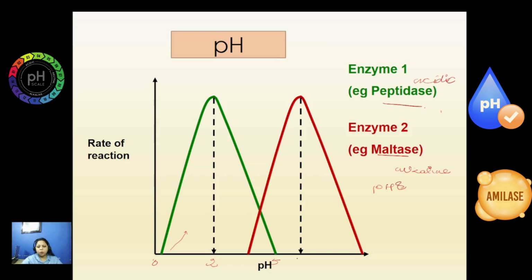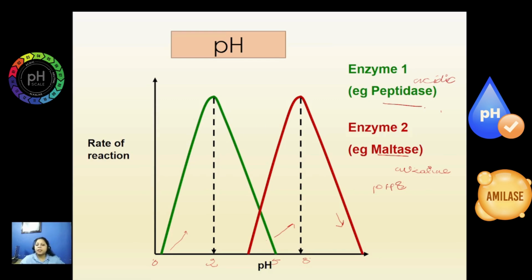If we talk about maltase, which needs to be active at 8, the activity increases when the pH increases, and it is optimum at pH 8. But beyond this pH, the activity is going to decrease because the enzyme structure is lost. There would be no hydrogen bonding or any bond that holds the tertiary structure, and if the tertiary structure is disturbed, there is no active site available.